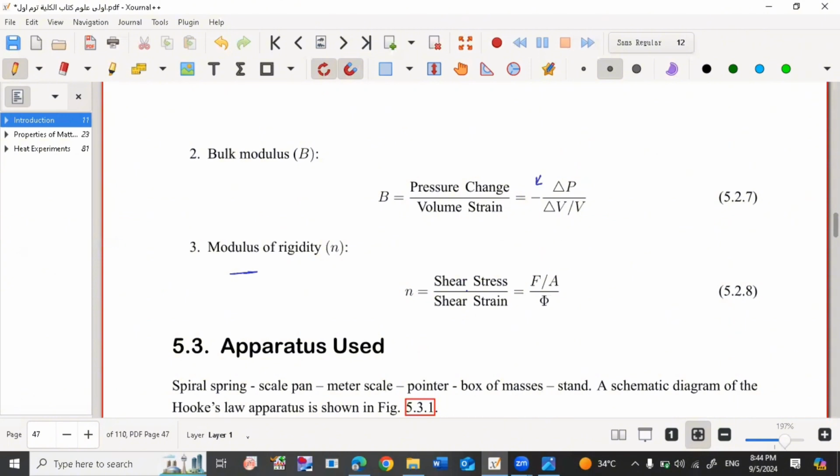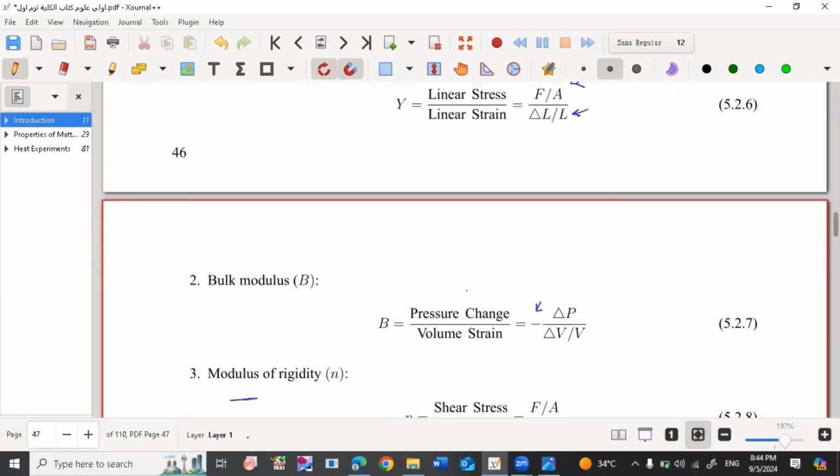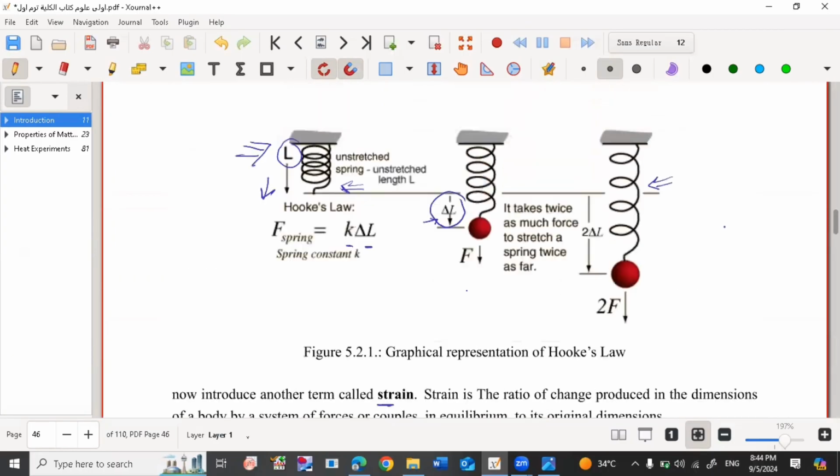So we are not going to do all this in our experiment, we are just going to determine it through a spiral or a spring like this. And you are going to exert an external force by using different weights. So this means the force we are going to apply is F equals mg. So we are going to use different weights here.